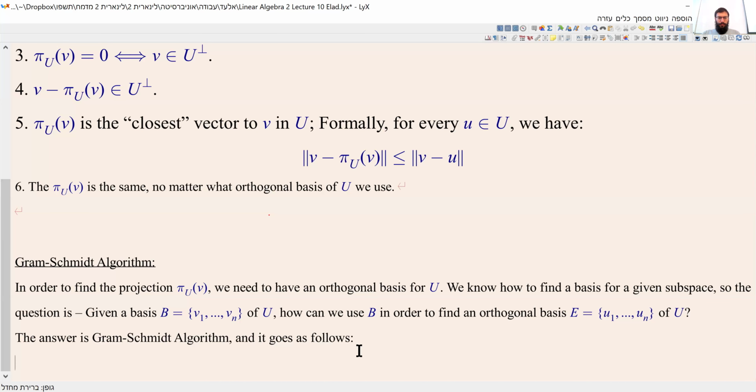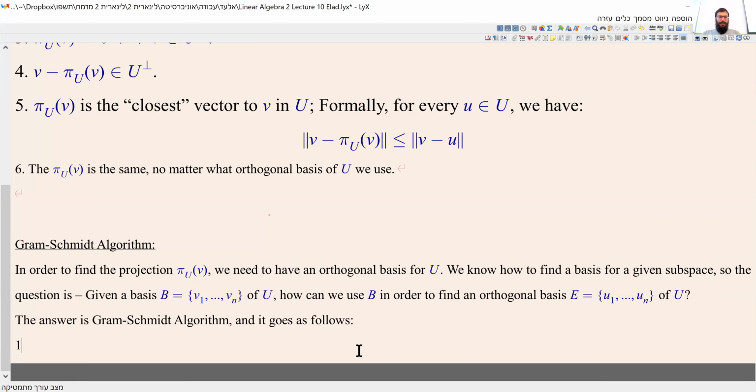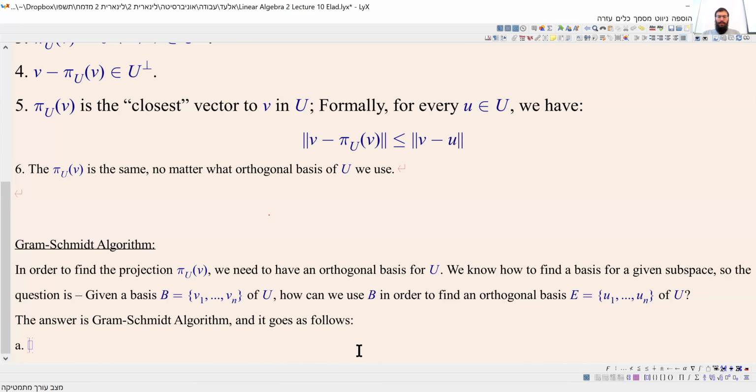We define, let's write it down with A, B, C, okay? The first vector of E is the same vector as V1.